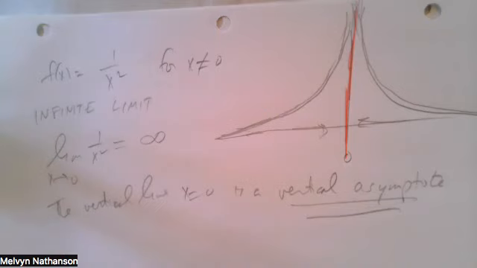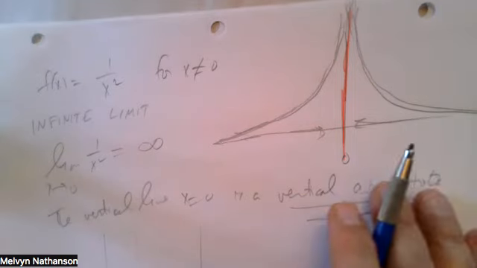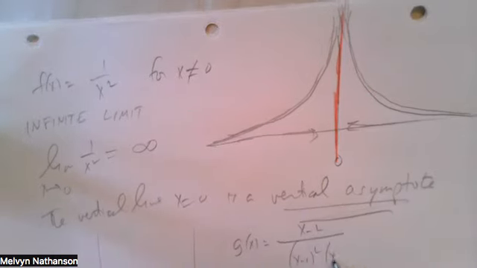And if you have a function that might look like this, so this turns out to be the graph of a function g of x equal to x minus 2 over x minus 1 squared, x minus 3.